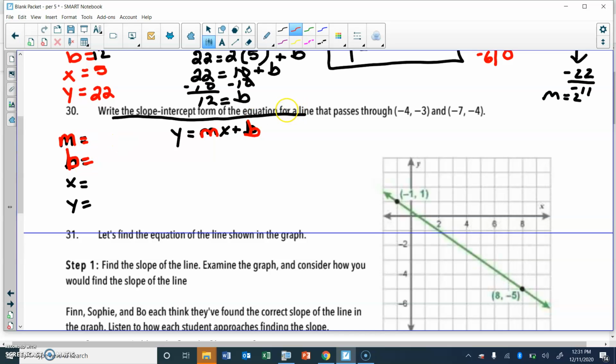All right, so now, well, the m is the slope. We don't have that, but we're given 2 points that we can find the slope of the line with, okay? Okay, so let's do the slope over here to the right. Okay, so my table looks like this. X, y, negative 4.